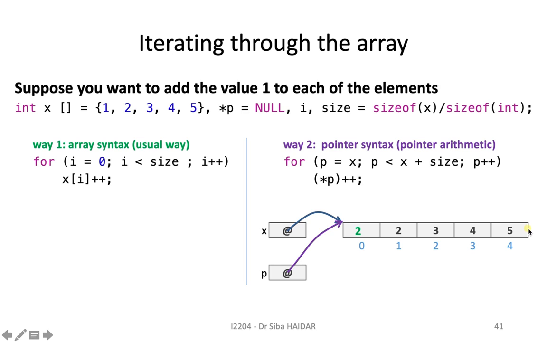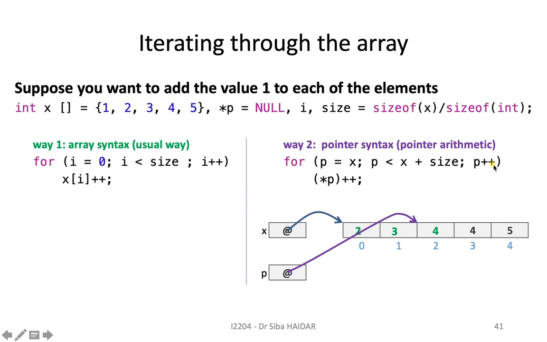So this is x plus 5, and as long as p is strictly less than x plus 5, we increment p, p++, and we do the iteration, and we dereference p and we post-increment it. So for p equal x, we increment 1 to 2 for p++, and then we dereference p and we increment to 3, and then we increment p to point to the next element, to dereference it and increment it itself.